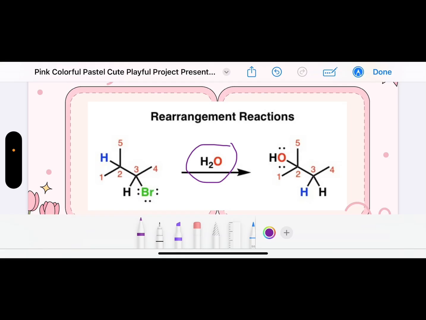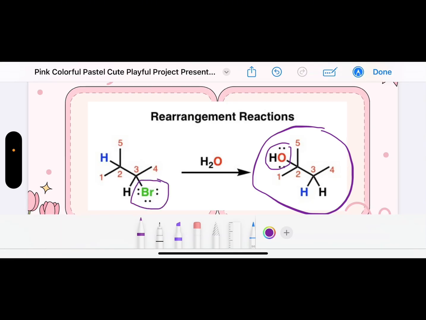Since sa water, ang oxygen kay na may lone pair electrons, mo stabilize ang charge by forming a bond ni carbon. And then, here sa atong final product which is ang 2-methyl-2-pentanol na compound, kay na siya hydroxyl kaning OH attach sa carbon number 2 instead sa bromine.